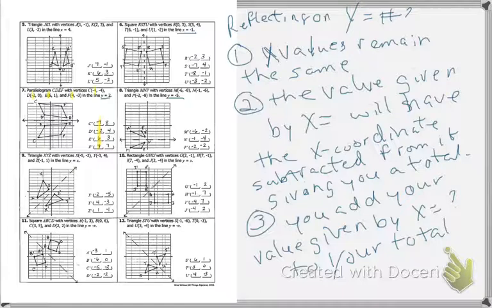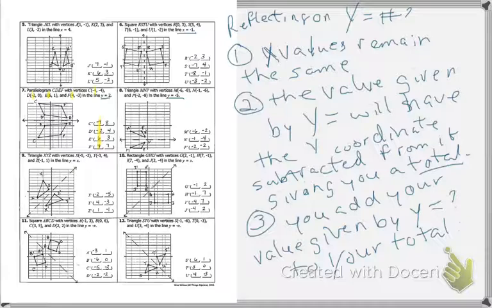If that's the case, this changes to your y value number given. So the value given by y equals will have the y coordinate subtracted from it, giving you a total. You're going to add your value given by y equals to your new total.